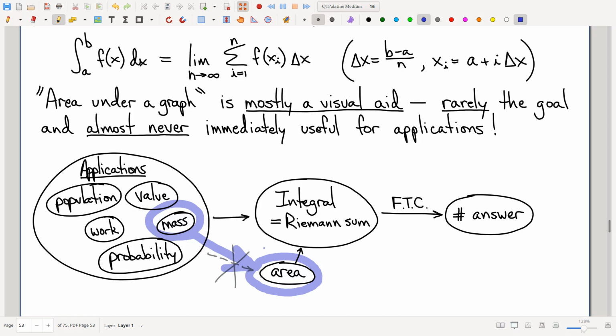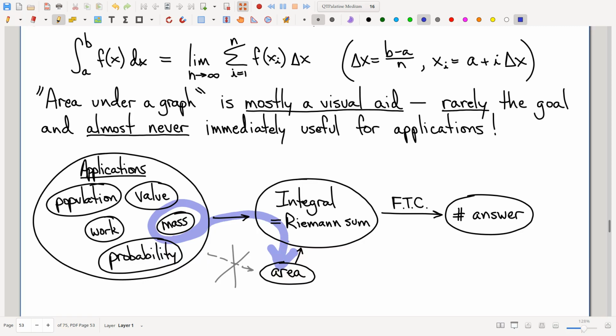Now, here's the argument that I saw in high school. It was, well, yeah, sure, but you can take those masses and you can chop them up into little pieces, and when you draw the graph and you look at the blah, blah, it basically did everything but a Riemann sum argument. Just didn't quite say the word Riemann sum, right?